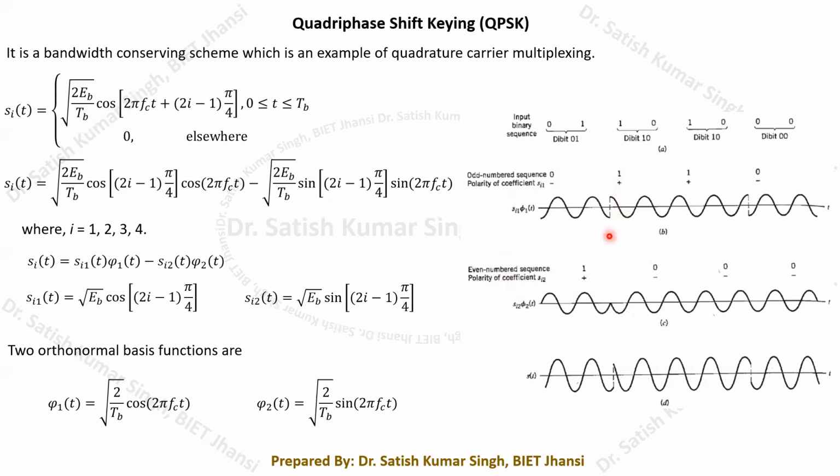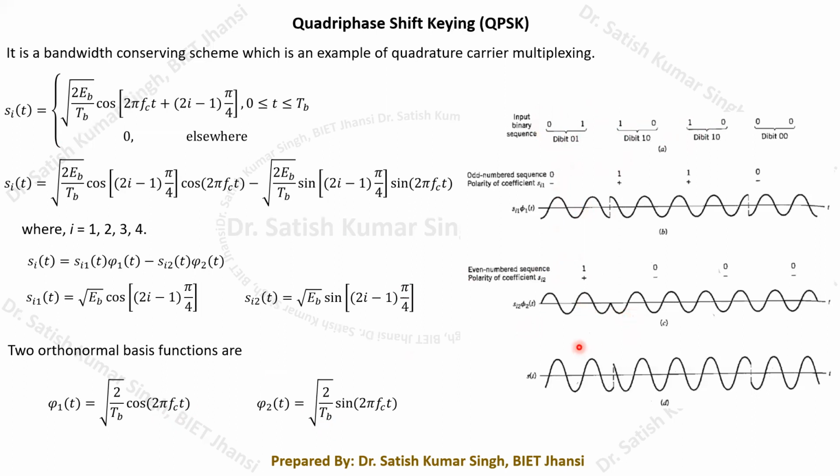A similar waveform we have plotted in this particular case. The only difference is that here all the odd bits have been considered first, and then here we have considered all the even bits. Our basis function here is cosine and here is sine, and correspondingly we have plotted this particular waveform.